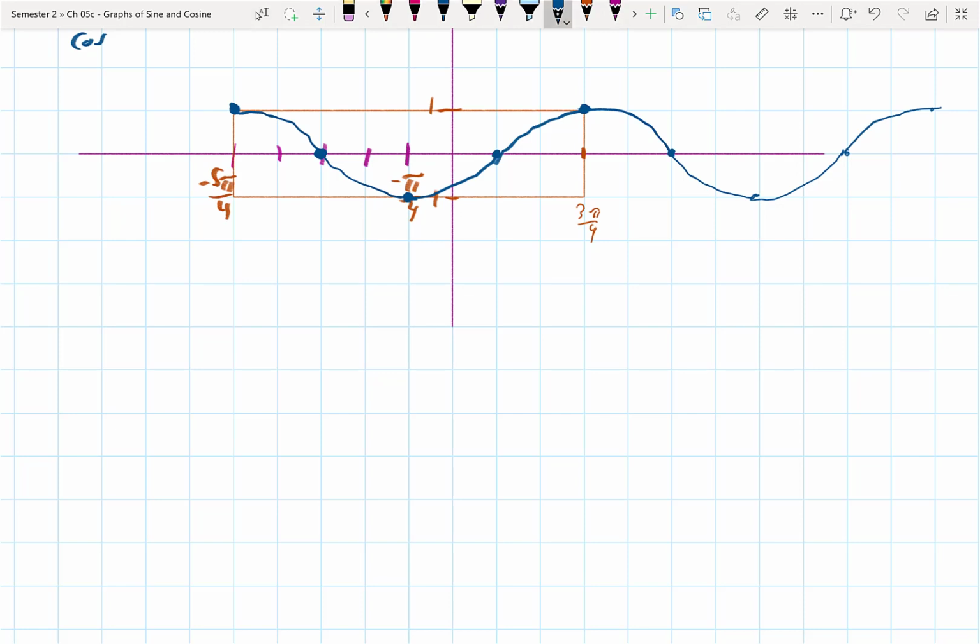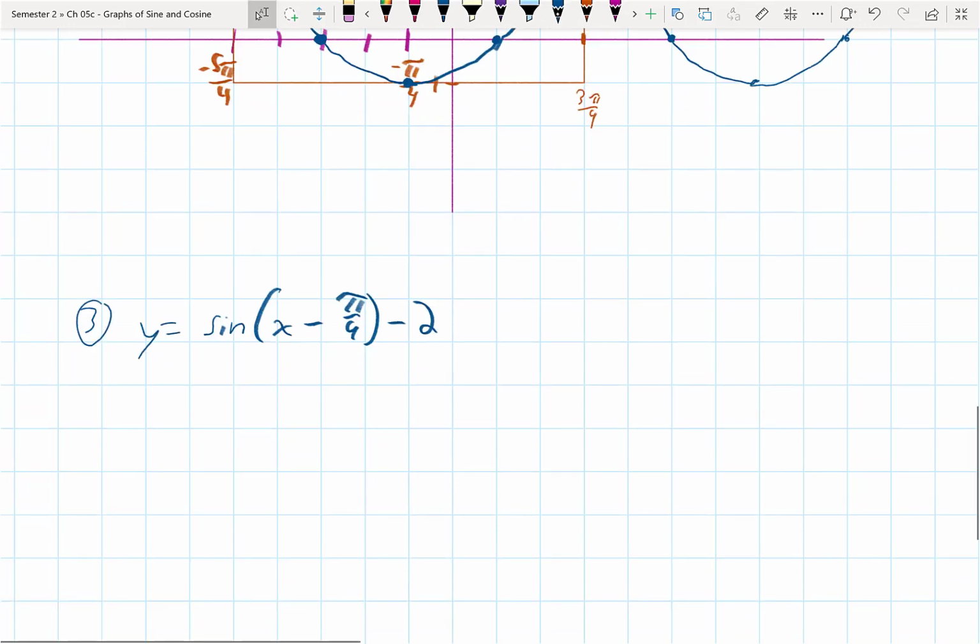Let's do y is equal to the sine of x minus pi over 4 minus 2. So this is both a vertical and a horizontal shift.